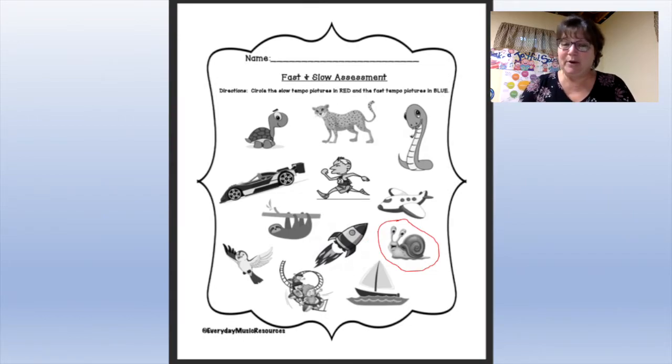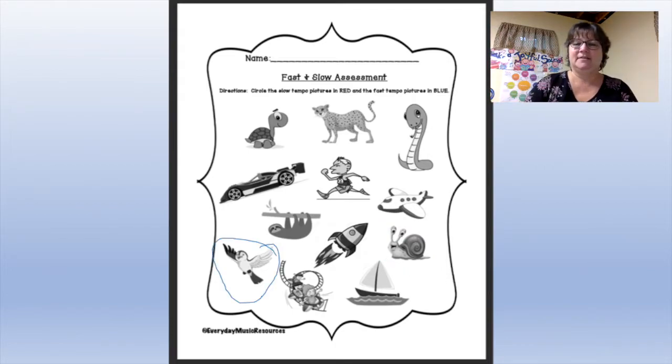The next one is a bird. Now, when you see birds hopping around on the grass, that might not look super fast, but when they fly, they can swoosh in and swoosh out. So I think that the bird should be circled in blue. If you said fast tempo, you were right.